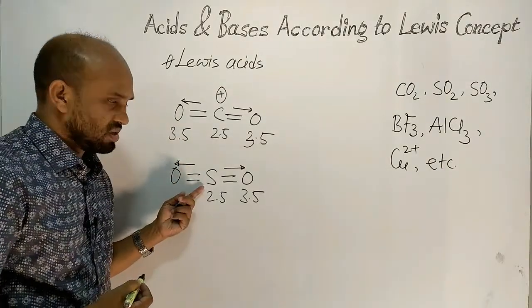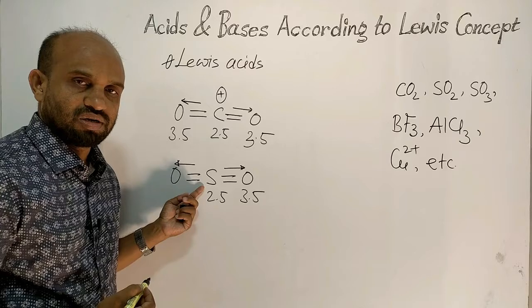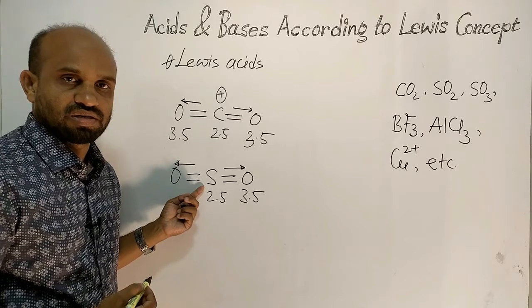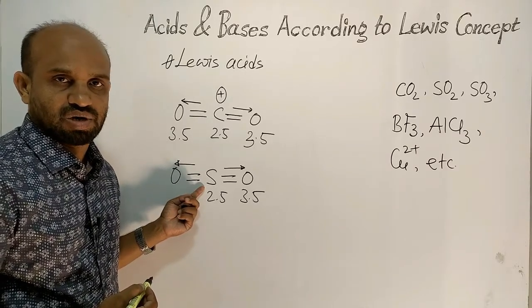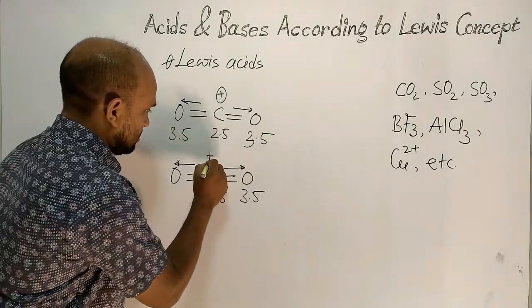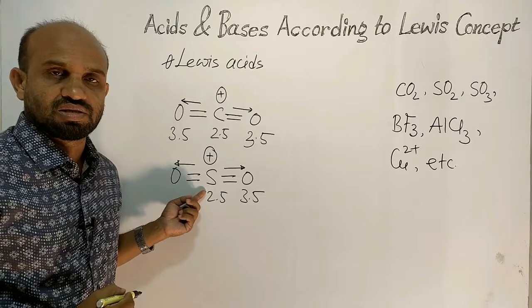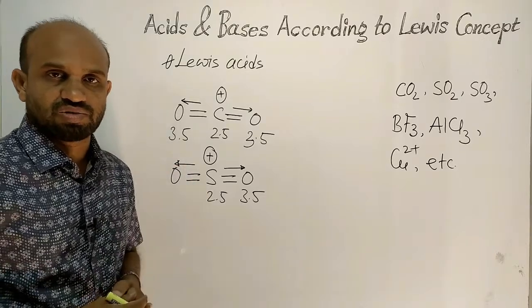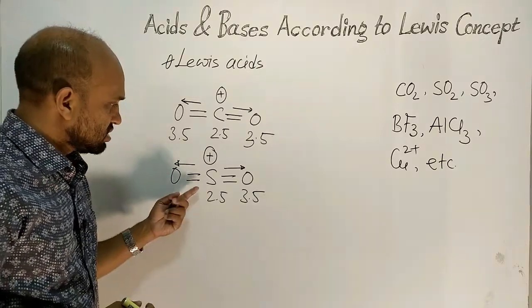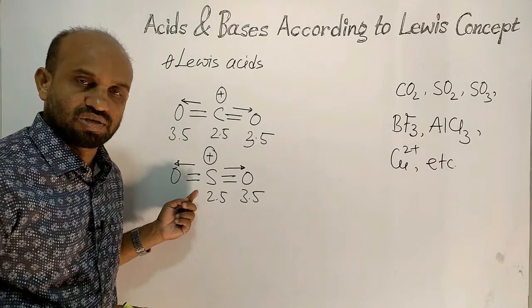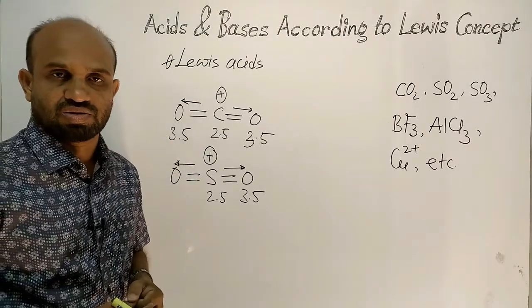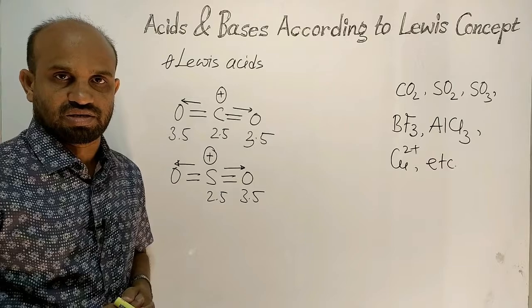As a result, around sulfur there is created a positive environment. So sulfur dioxide is a kind of electrophilic substance as well. That means sulfur dioxide can accept one pair of electrons during chemical reaction.